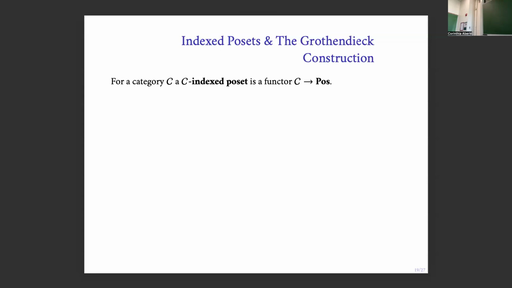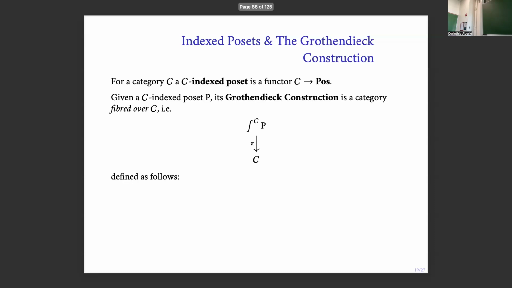So the first thing I'm going to need is indexed posets and the Grothendieck construction. For any category C, we say that a C-indexed poset is just a functor from C to Pos, where Pos is the category of partially ordered sets.